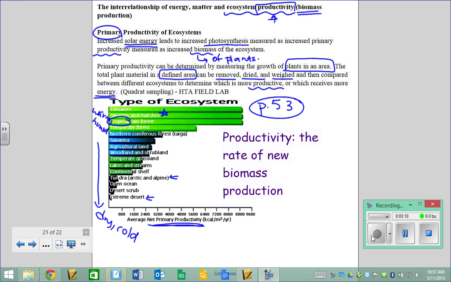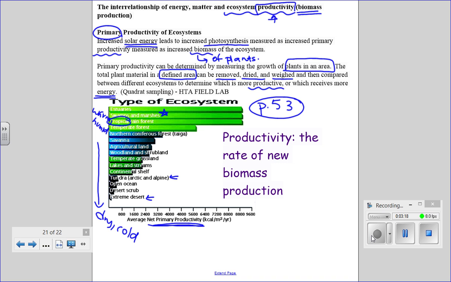Some of you might say, no, the desert is hot, but actually there can be hot and cold deserts. And even deserts that are hot, it's usually very cold at night. And then areas that are in the middle that have some amount of productivity vary in those conditions. They're not as warm and humid as, say, a tropical forest, but they're definitely not as dry and cold as the desert or as the tundra. So we're going to do a few comparisons to help illustrate how you could explain why one area has more productivity than the other.